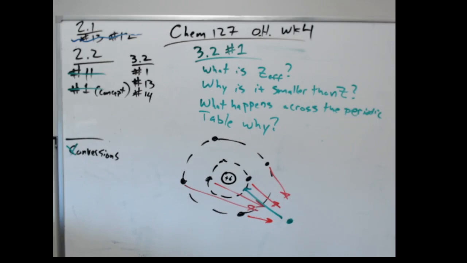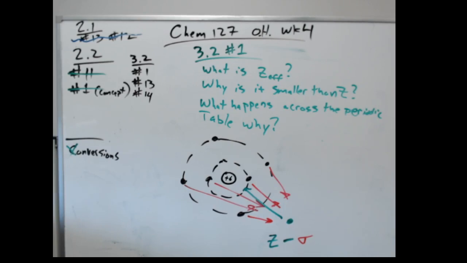That outside electron is not going to feel the entire +6 charge pulling on it. It's going to feel some reduced attraction from the shielding. The shielding is more than just electron repulsion, but that's a big part of it, the other electrons pushing it away.